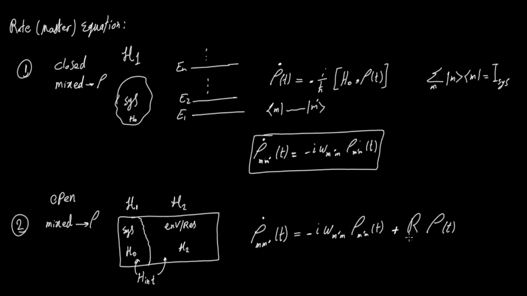Okay, I'm not going to open and dissect the mathematical structure of R at this moment, and we are going to consider only the main or diagonal terms in which m is equal to m prime.